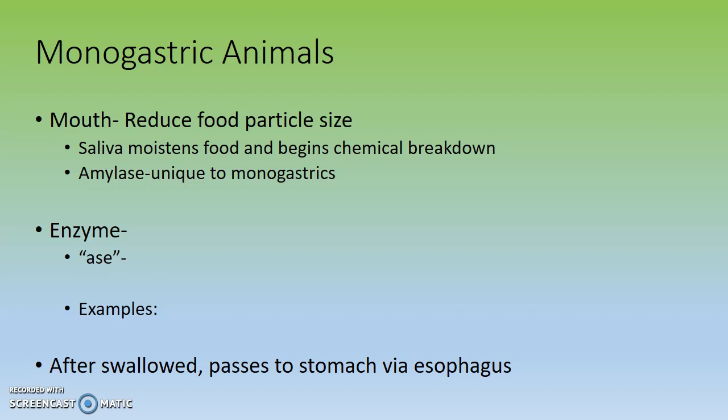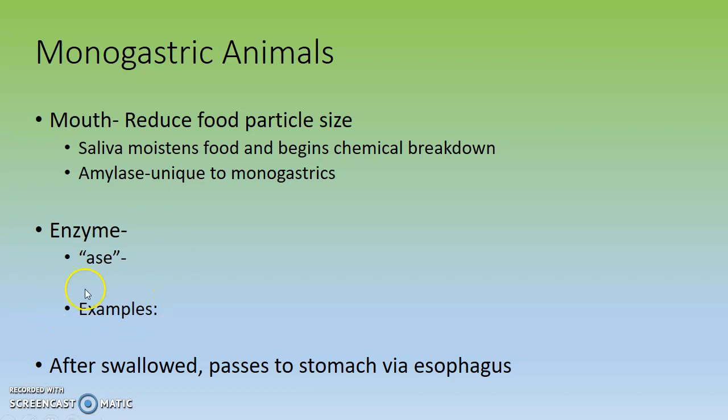It's not altered in the reaction. So your body doesn't have to continue producing more and more enzymes because those enzymes are able to do their job and move on to the next one and keep doing that. So remember that anything that ends in ASE is going to be an enzyme.